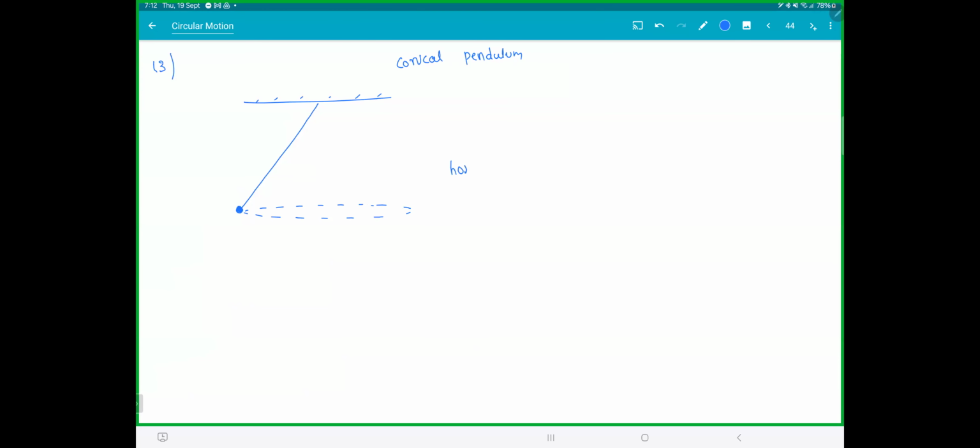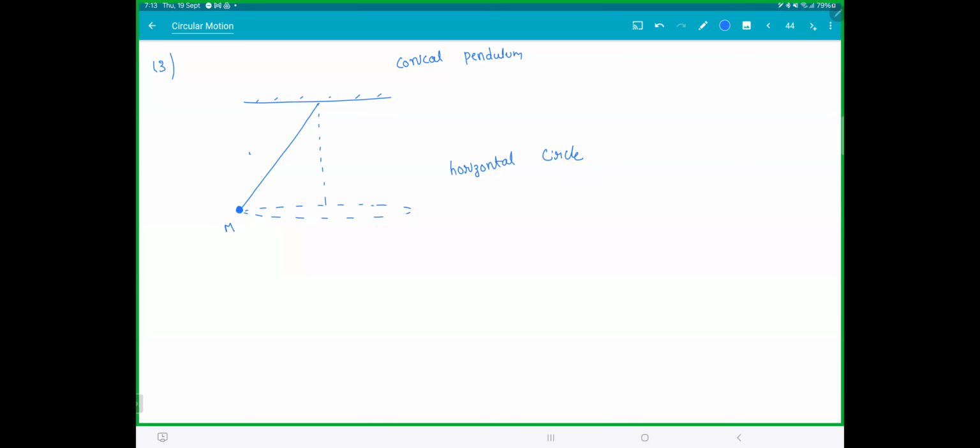This is called a horizontal circle. Basically, it's going in a horizontal circle. Are you able to visualize how it is? If you just look at the tip of this pen, it's going like this. Hope you're able to visualize. So this thing is not going up and down. It is just going in one plane.